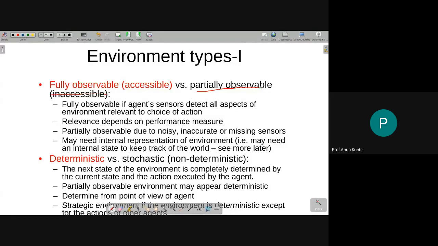So the state of the environment, using a partially observable agent, would be some kind of approximation to the actual state. Because if to represent the state I need 4 sensors and I have only 3 sensors, then that one sensor's value I don't have. So what will happen, the agent will have 3 accurate values using which he will say that this property has this value, this second property has this value, third property has this value.